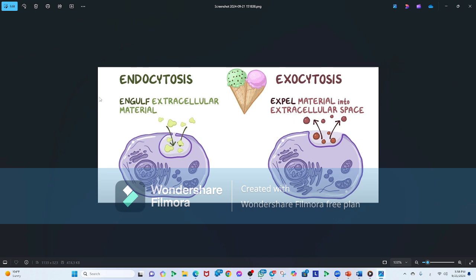The endocytosis engulfs it and makes it part of the cell. Contrary, the exocytosis expels material into the extracellular space. So these materials move outside the cell. So endo, enter, and exo, exit.